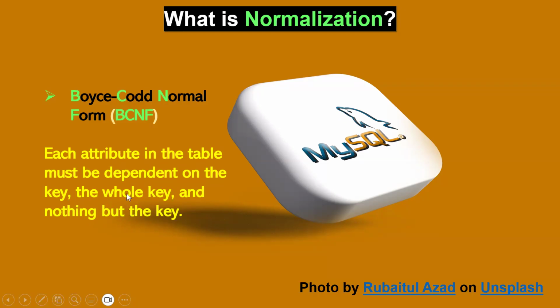If it has one field as the primary key, it depends on that one field. If it has three fields as the primary key, it depends on the whole primary key, and nothing but the key. That means one attribute cannot depend on another attribute.